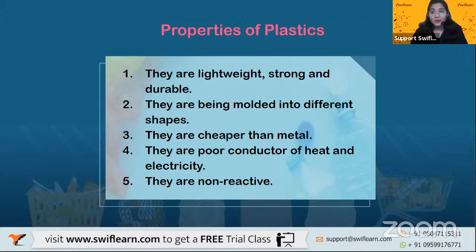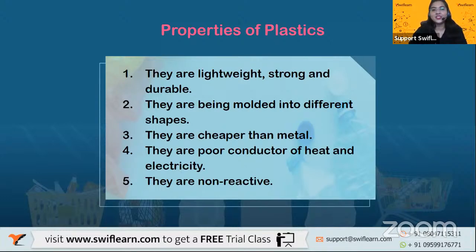Rusting is very common for that and it degrades the quality of the material. We know that. But if instead of this iron material we use the plastic, will it get rust? No. So rusting will not take place with the plastic materials, and they are non-reactive to all these things. So this is also a very important property of the plastic.